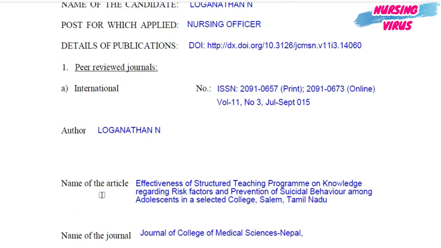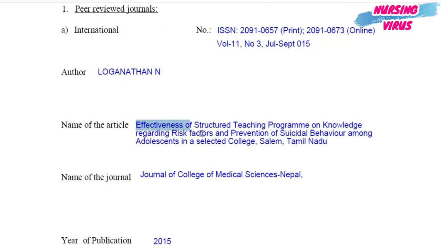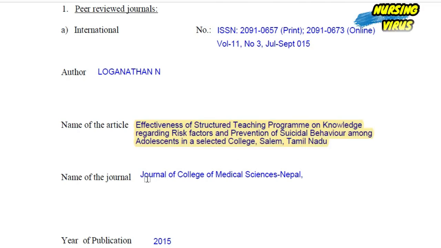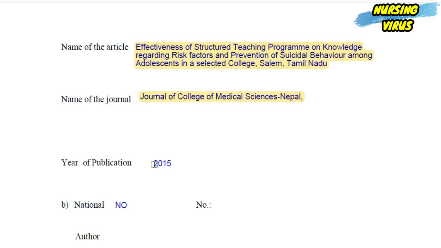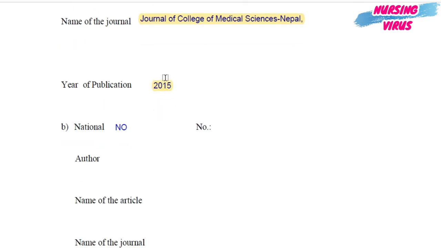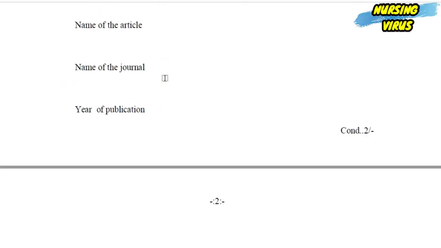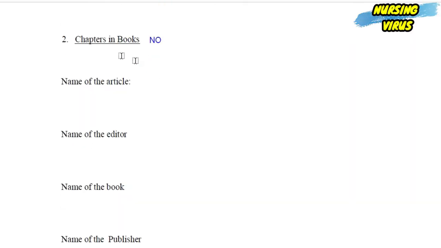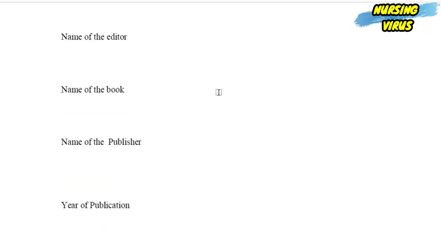The author is myself, the name of the article, the complete research article published I have mentioned, the name of the journal I have written, and the year of publication also. If you have more than one, a separate application can be printed and you can fill those in as well. For the national level I did not publish anything, so I kept no, and I have not written a book, so I wrote no.